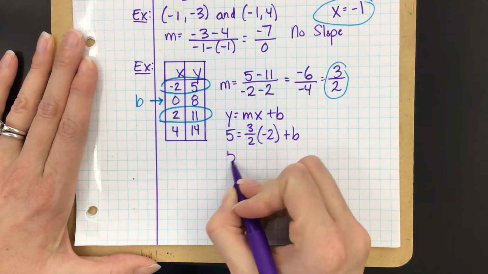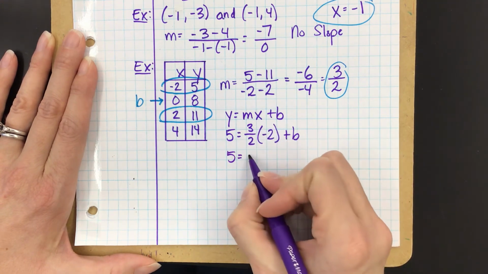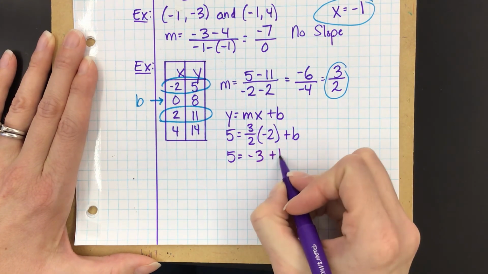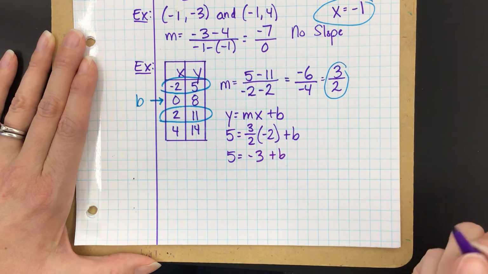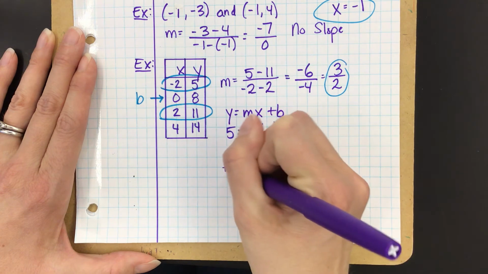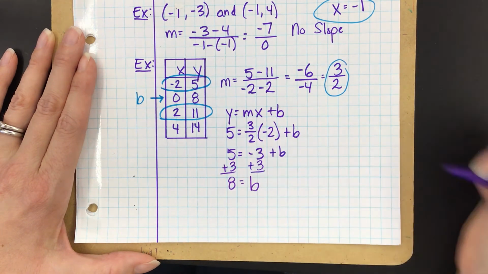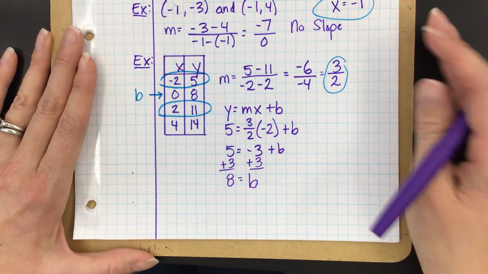All right, so then when I simplify this, I should be able to find out what my b is. So this is -3. Then I'm going to add 3 to both sides. And I get that 8 is equal to b. 8 is equal to b.